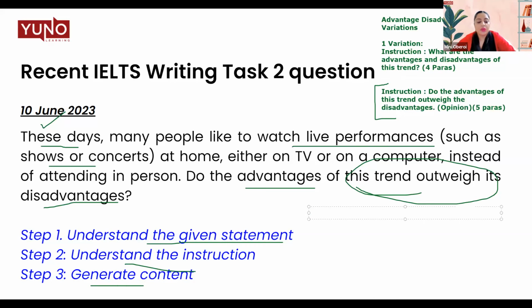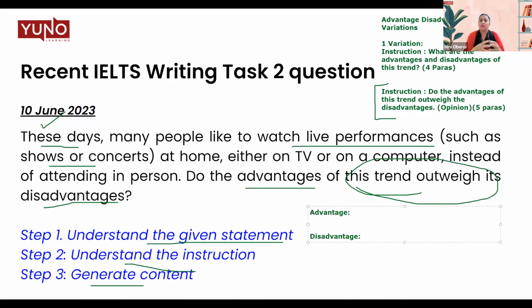You should write down your points on advantage and disadvantage. Then try to evaluate it. What is more? Because if you have a good amount of content, you know how to present it.